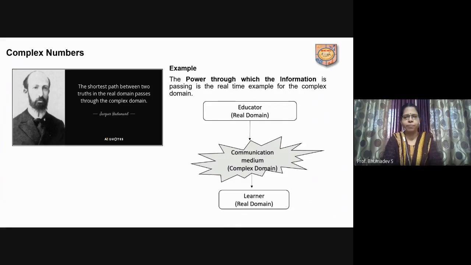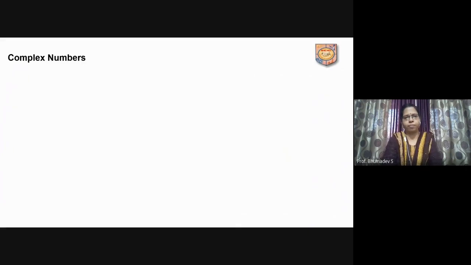For example, in the teaching learning process itself, the educator starts the lecture from the real domain, the communication medium, the Google Meet, which we are having, is a complex domain, and the learners, learning from the real domain, are a very good and real example for this. So the complex numbers are very important for all the technological aspects.